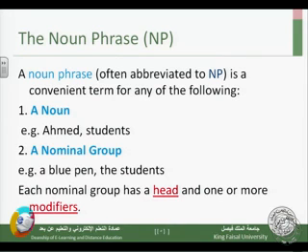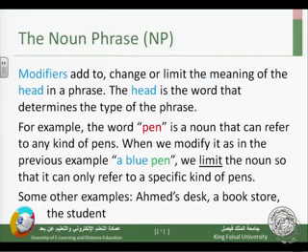So each nominal group has a head and one or more modifiers. Modifiers add to, change, or limit the meaning of the head in a phrase. So the head is the word that determines the type of the phrase, and the modifiers add to its meaning, change it, or limit it.